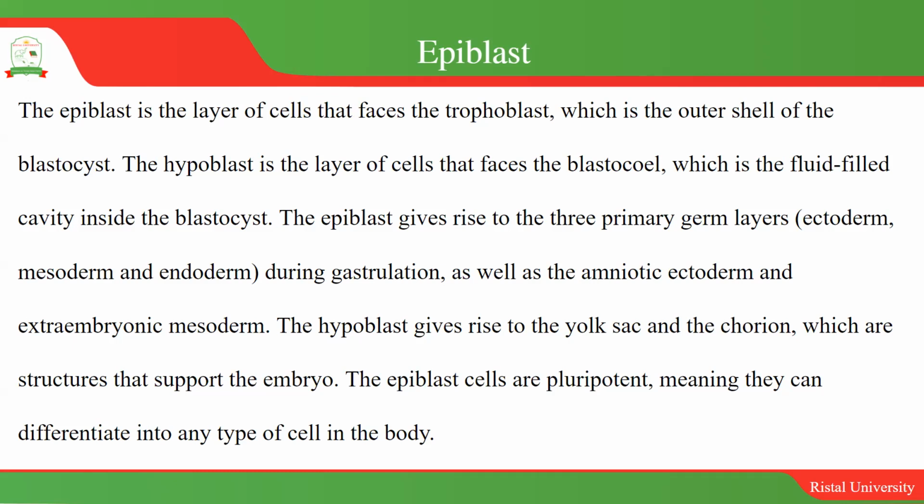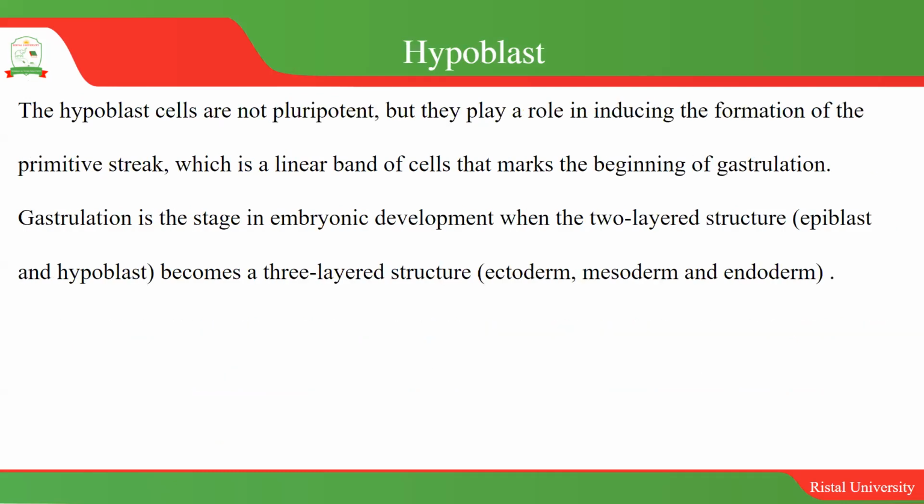The epiblasts are pluripotent. This is to say that they can differentiate into different types of cells in the body. On the other hand, the hypoblasts are not pluripotent.